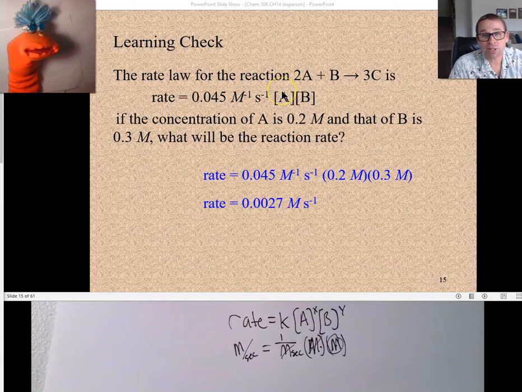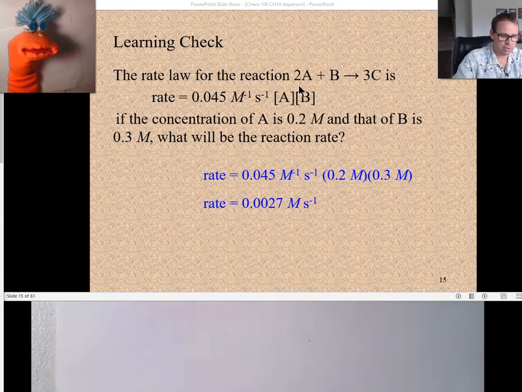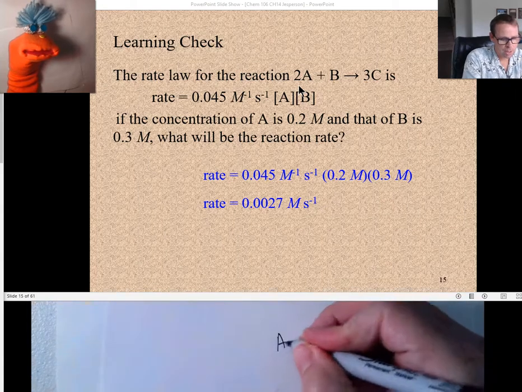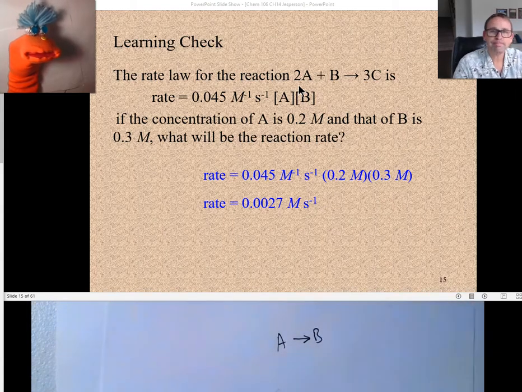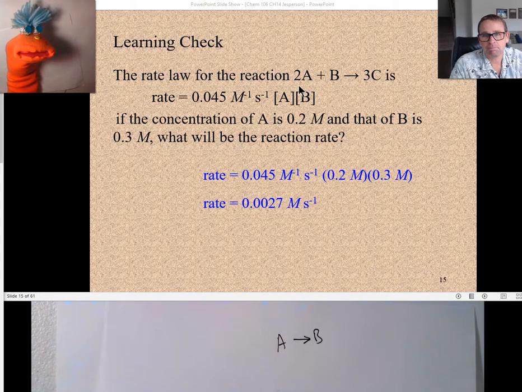And if the chemical reaction is not dependent on the concentration of material, for example, if I have a chemical reaction like this, where A goes to B, and A just turns to B, it doesn't have to react with another A, or is not dependent on how much B there is.